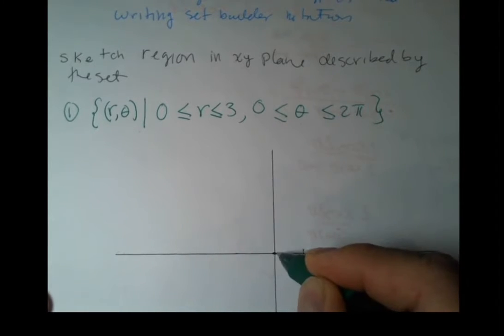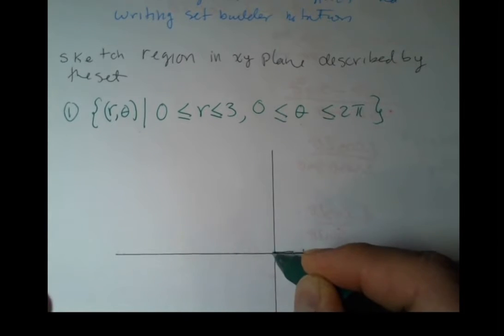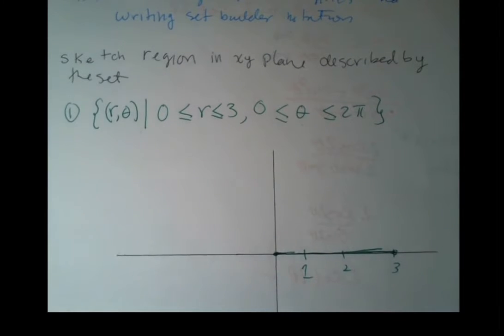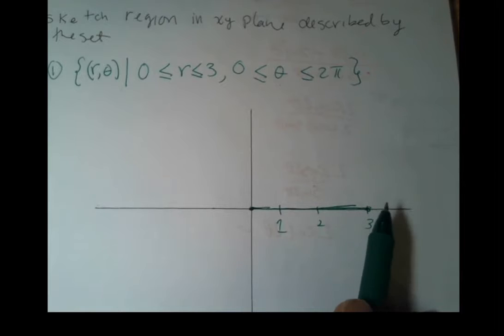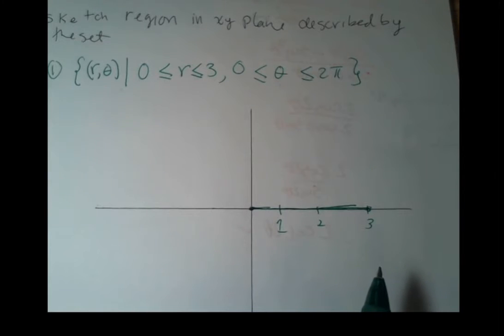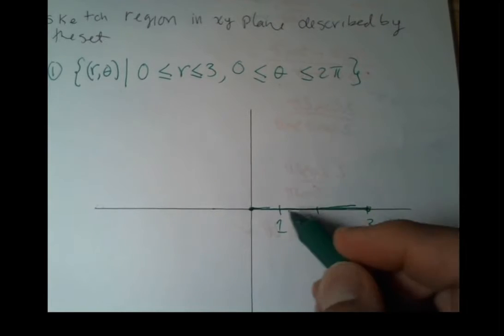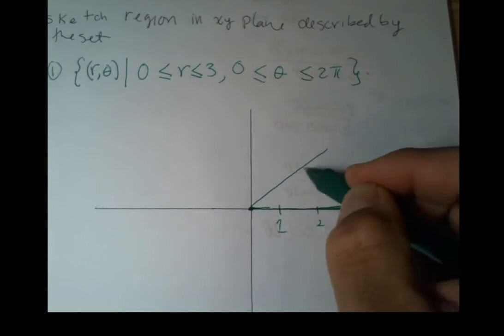They're inequalities, so it's all the values starting at 0 all the way to 3. All of these values between 0 and 3 are included in our set, or at least the ordered pairs that correspond to that, along with theta from 0 to 2 pi. So not just these, but also the points that correspond with the values out here.